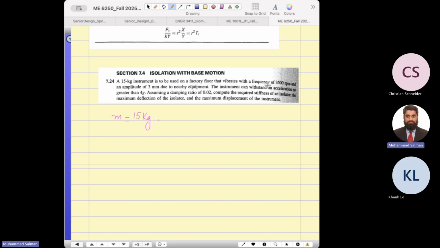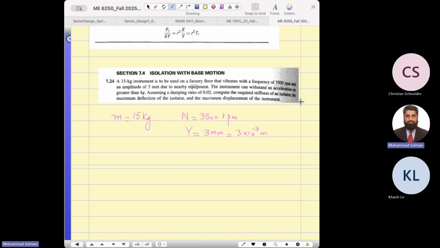The factory floor is vibrating with this RPM, and the amplitude is due to the nearby equipment, so 3 millimeter. And in meters, I can write this as 10 to the negative 3 meter.